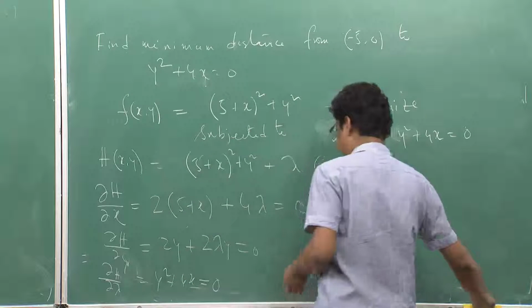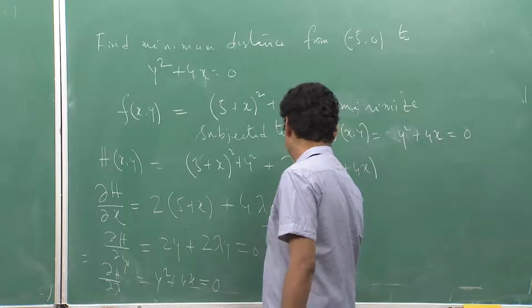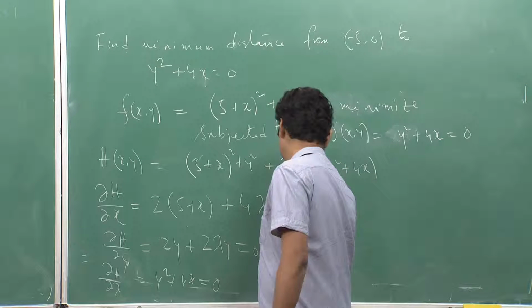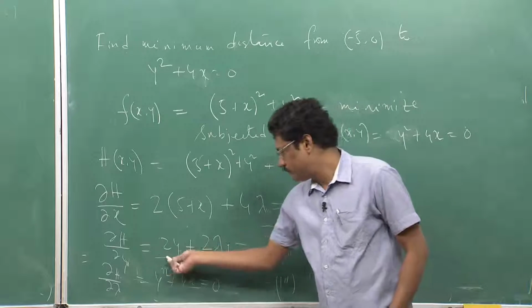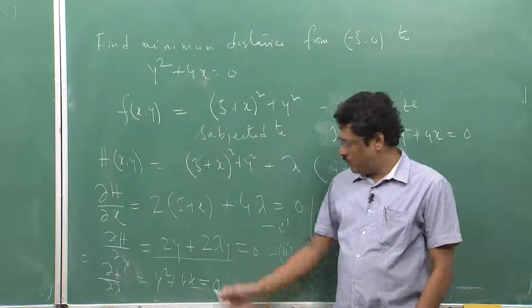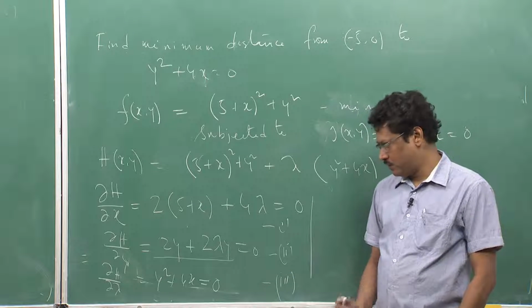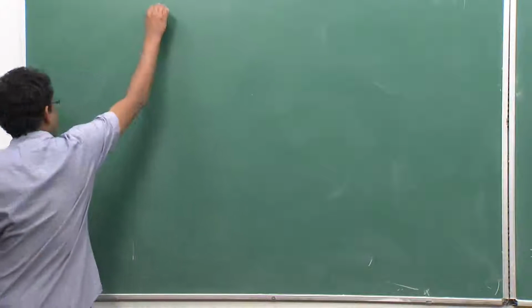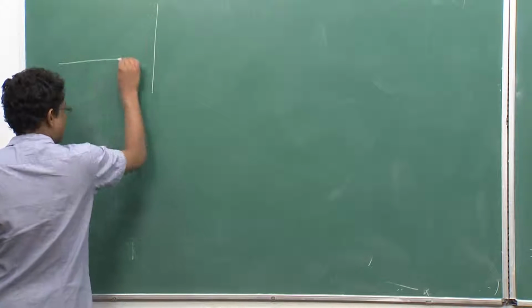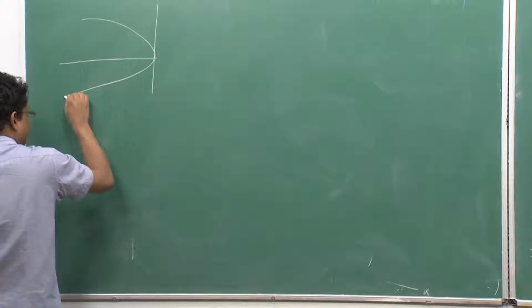Well, look at equation 2: 2y plus 2 lambda y equal to 0. Okay. So, here was a picture again. As I said, always while solving by Lagrange multiplier method, always remember the geometry.